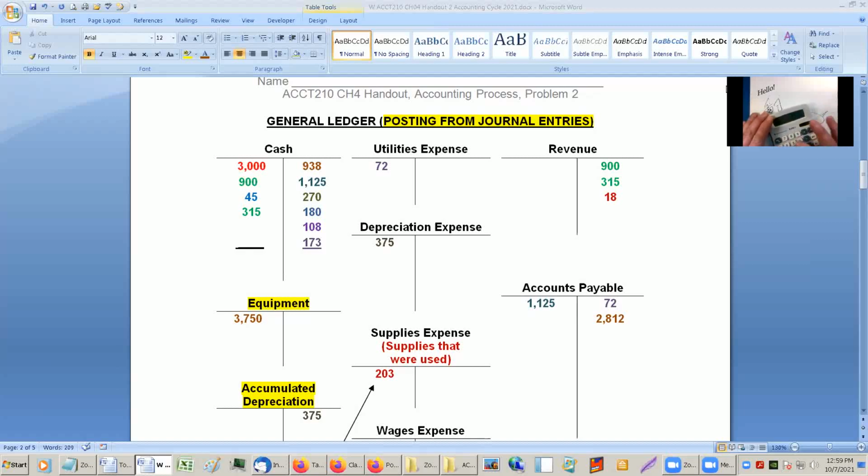So I'm just going to add up the cash. $42.60. $2,794.